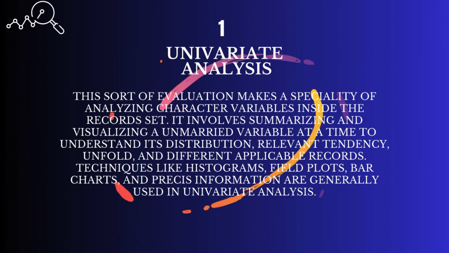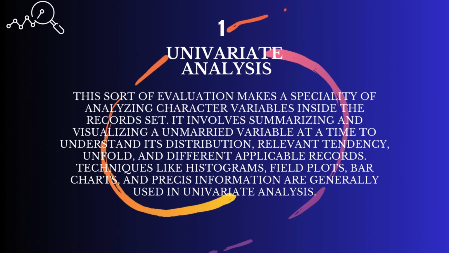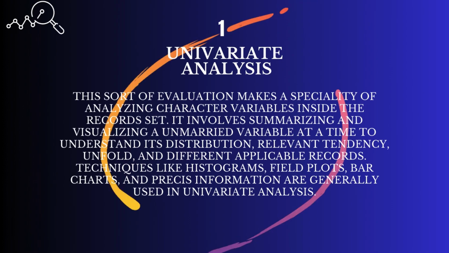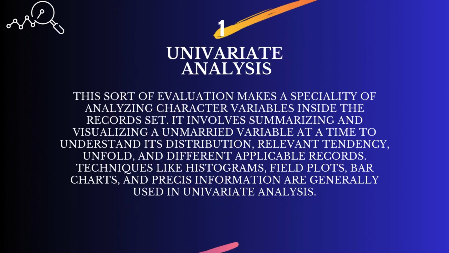For example, if we have age groups like 10 to 30, 30 to 40, 40 to 50, and we need to represent this data, we will use univariate analysis. By this we can make a histogram which will represent the different age groups in the data and the distribution of those ages. Moving forward to the next type of EDA, which is bivariate analysis.